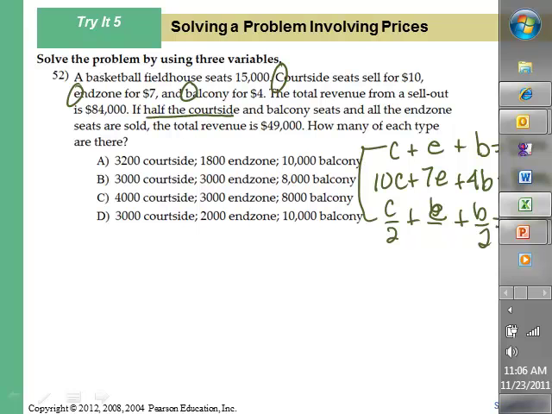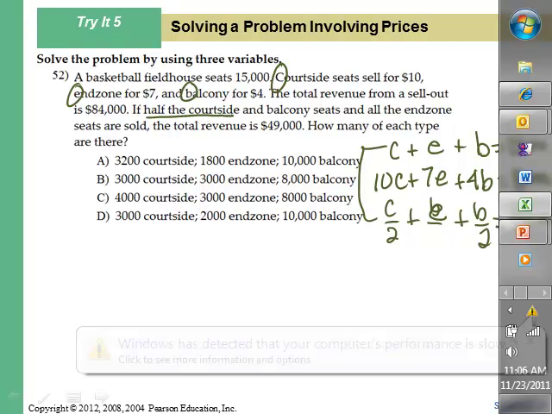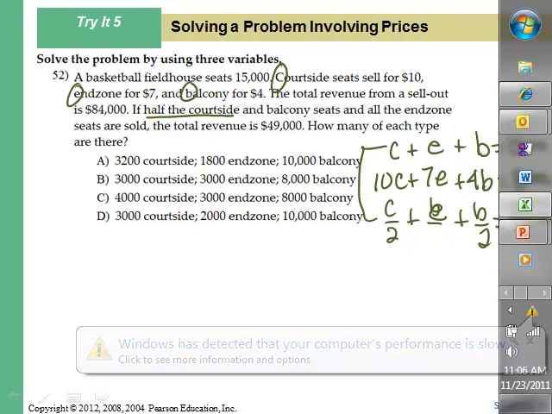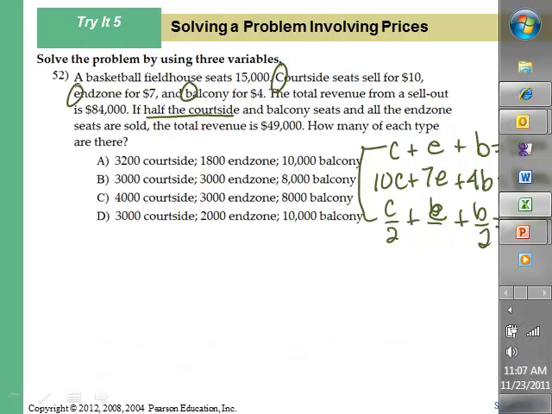I must have done something wrong because I got negative 37,500, 83,000, and negative 30,050. The matrix is 1, 1, 1, 15,000; 10, 7, 4; 0.5, 1, 0.5: half the courtside and balcony and all the end zone seats is 49,000.